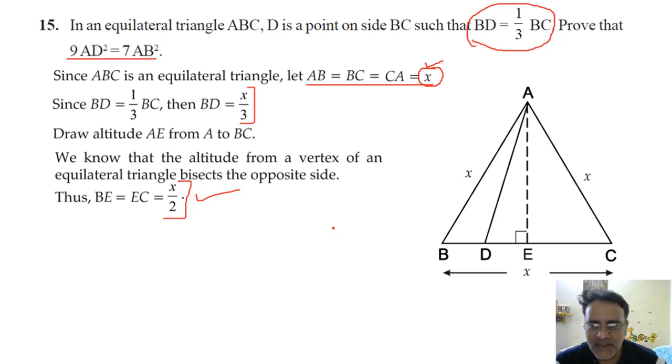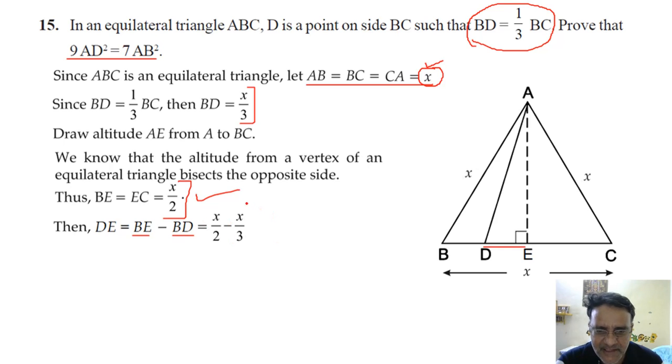Yes, sir. Okay. Now AD belongs to which triangle? Triangle ADE. And AB belongs to which triangle? Triangle ABE. Okay. So we'll take one by one after finding the value of DE. So DE we can write BE minus BD. And BE is x by 2 and BD is x by 3.